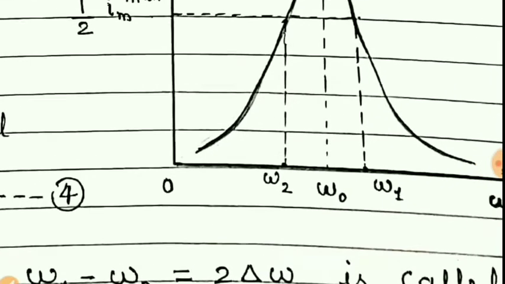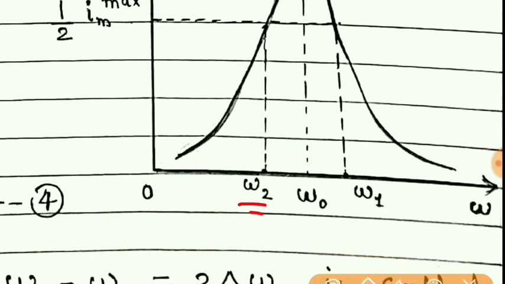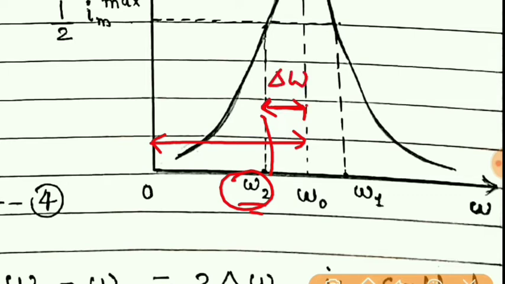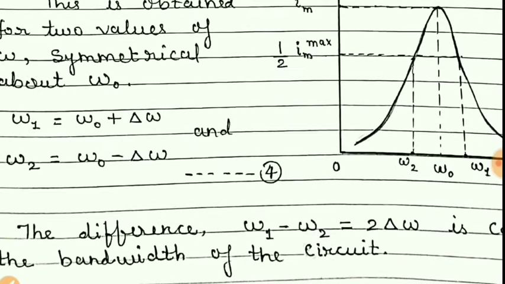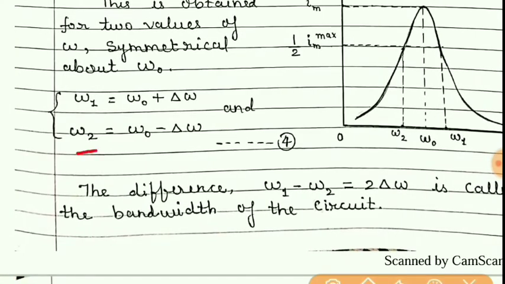Similarly, what is omega 2? Omega 2 is omega naught minus this value, which is delta omega. So omega 2 is omega naught minus delta omega.